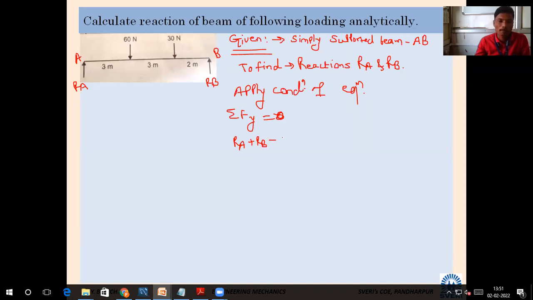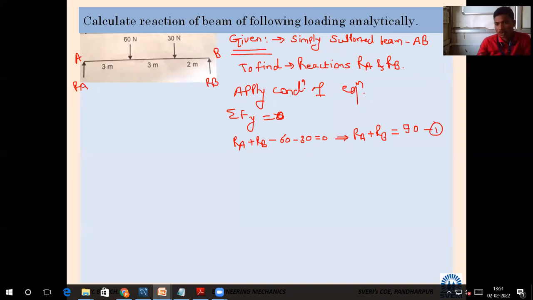The 60 is negative, so minus 60, and minus 30, equal to 0. From this, RA plus RB equals 90.